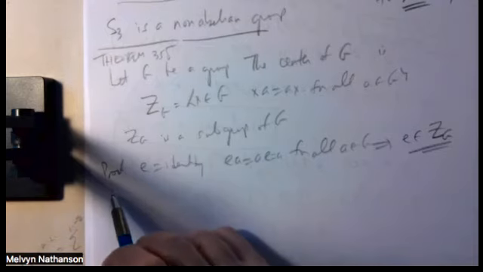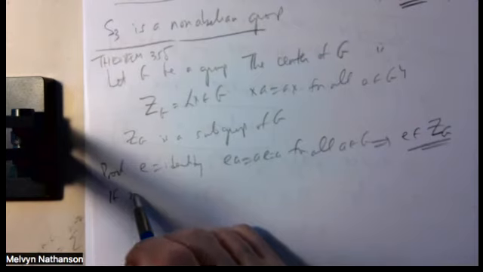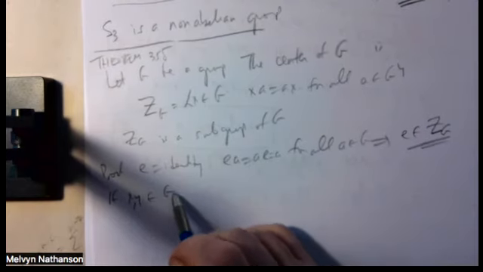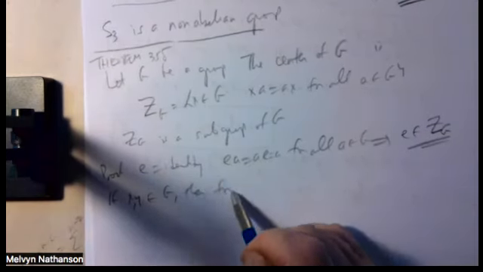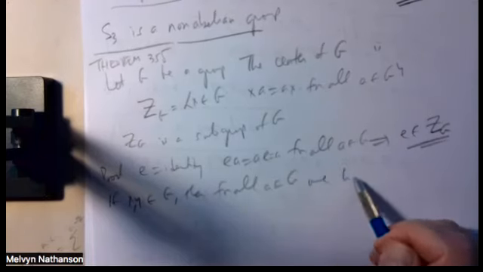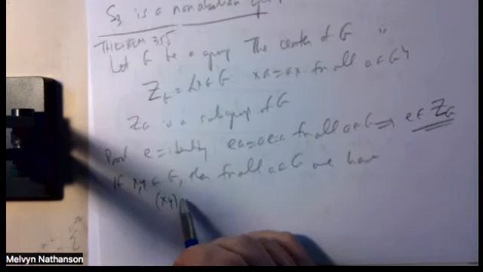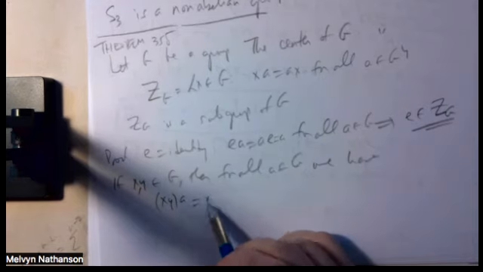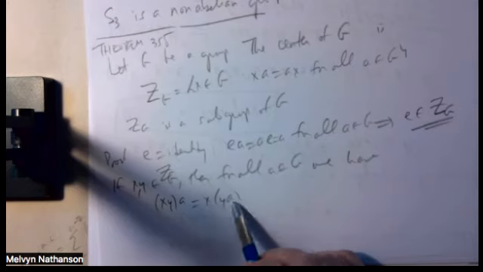All right, next. If x and y are two different elements in the center, then for every a in the group, we have the following. xy times a, by associativity, this is x times ya. But y is in the center. So ya is the same as ay.